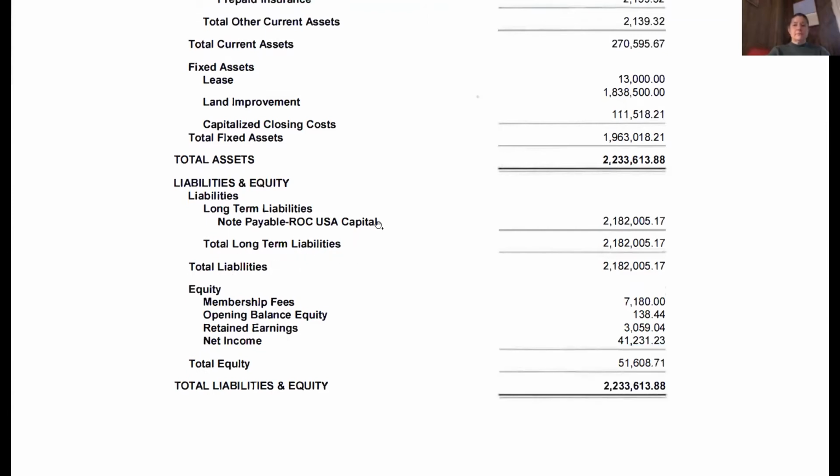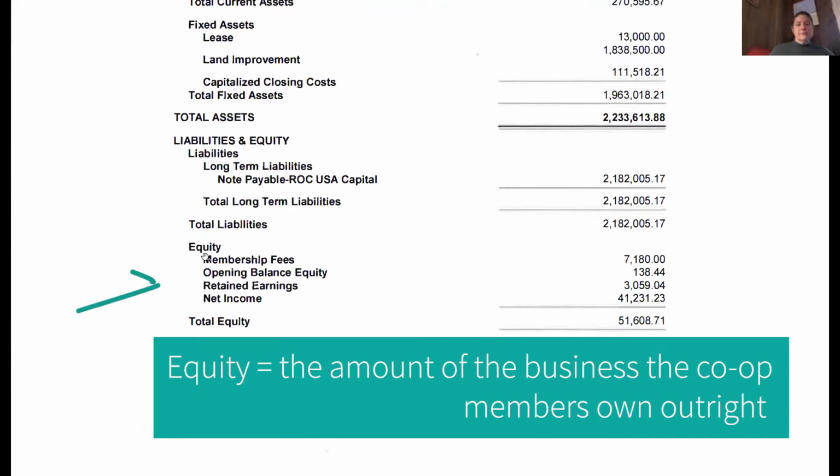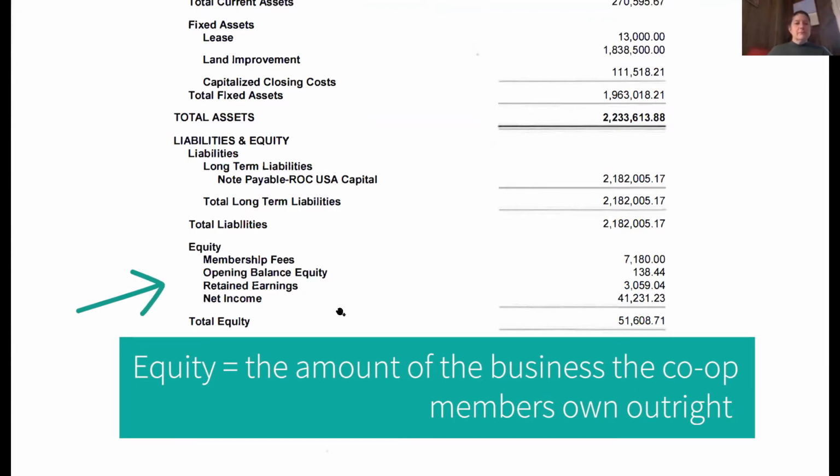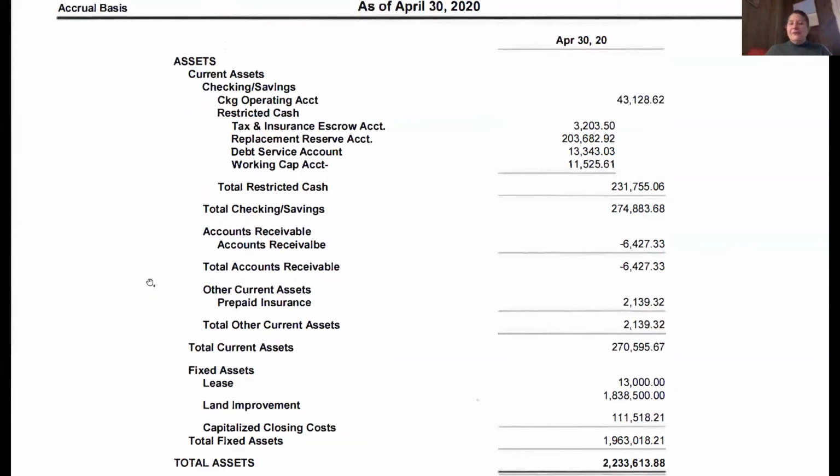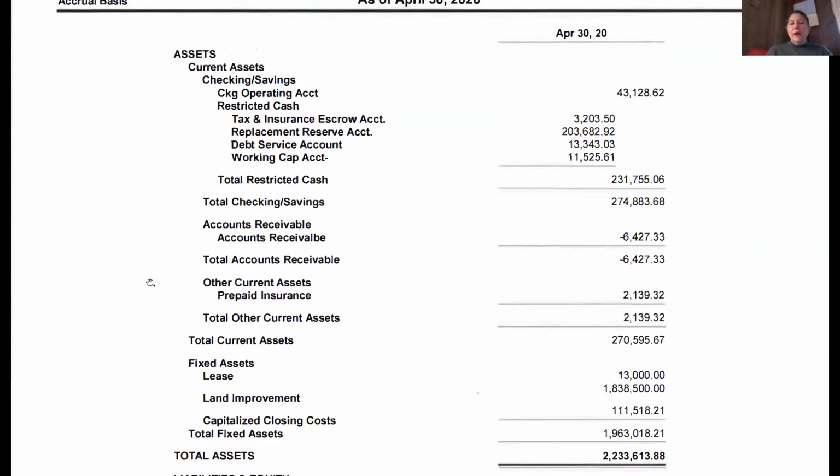Those are totaled up here under total liabilities, the amount of money that your co-op owes to businesses and lenders. And then the third section is called equity, which totals up the value of your co-op that your members own outright.